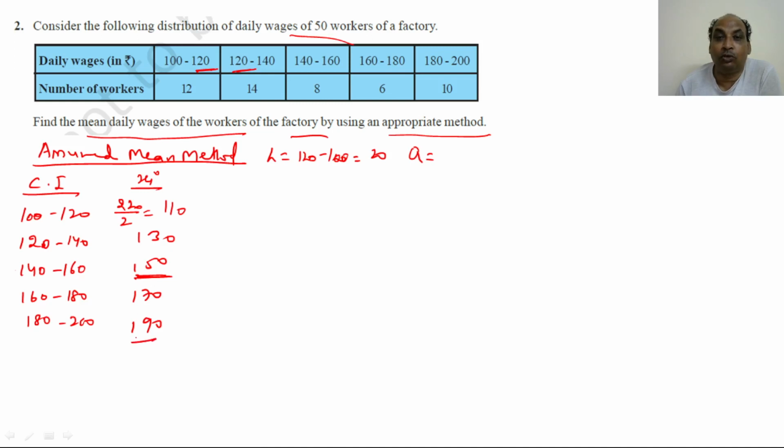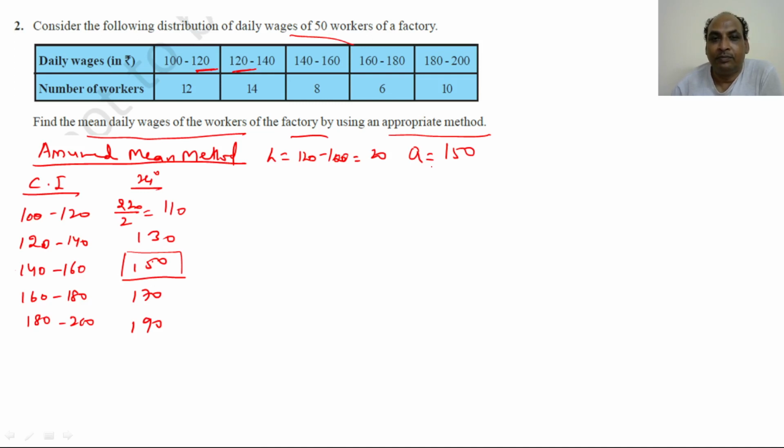Even 190 can be assumed; there is nothing wrong in that. But generally I take the one in the middle, so that negative and positive numbers also come. So let us assume that 150 is our A, the assumed mean.